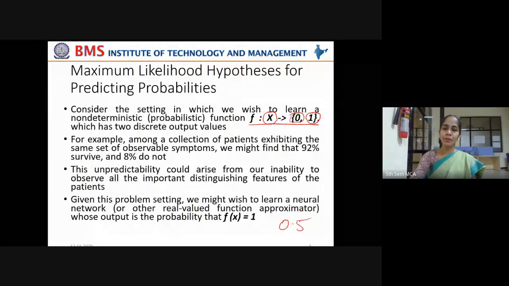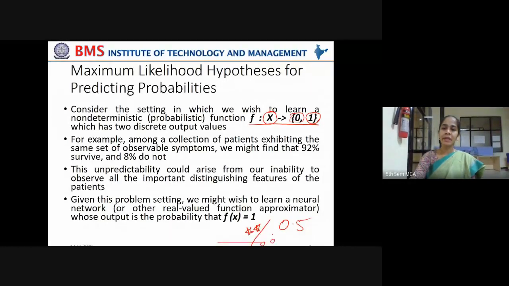So if you have two classes, stars and circles, and now a new data point, a circle, is given. That circle's likelihood of falling into the star category is 0.2, and of falling into the circle category, say, is 0.8. Now into which class do you assign? Obviously to the 0.8 probability class, because it has a high likelihood of belonging to that particular circle class.